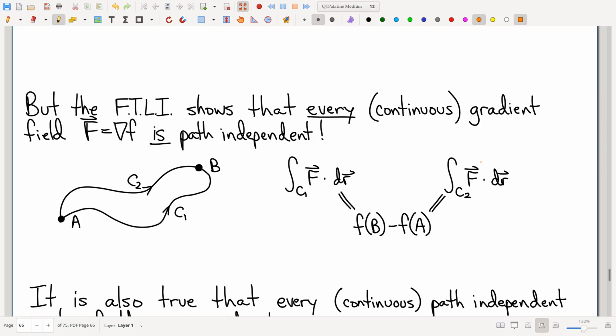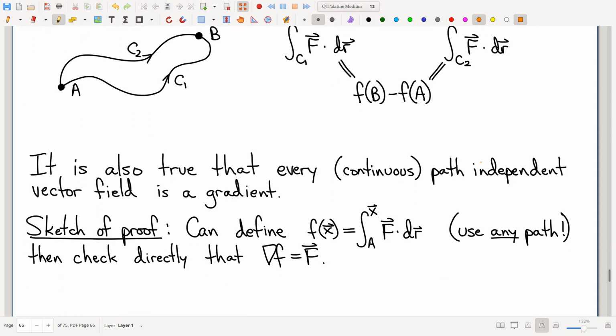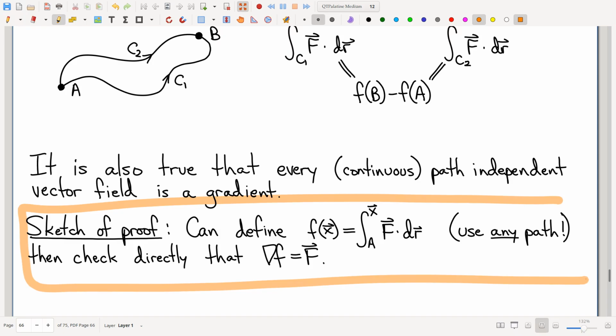And it turns out also to go the other way, path independent, again, we've got to worry about regularity issues, but path independent vector fields also are gradients. This is a little bit more trouble to prove. If you want to see a quick sketch, this will get you started. You don't have to do this.